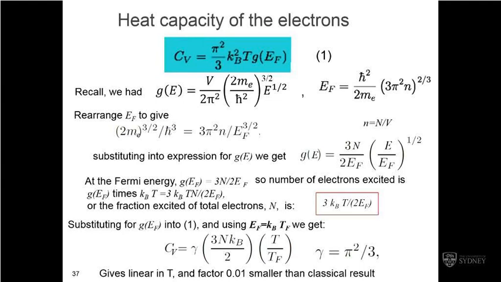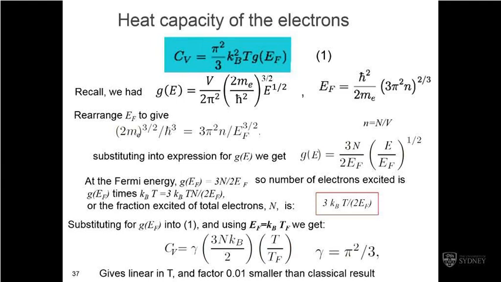So this thing will drop out because we want it at the Fermi energy, and you end up with this expression for the density of states at the Fermi energy equals 3n divided by 2E_F. That's the height, if you like. Remember our density of states function went like that. At the Fermi level, there was some value of g. It's now given by this expression here.